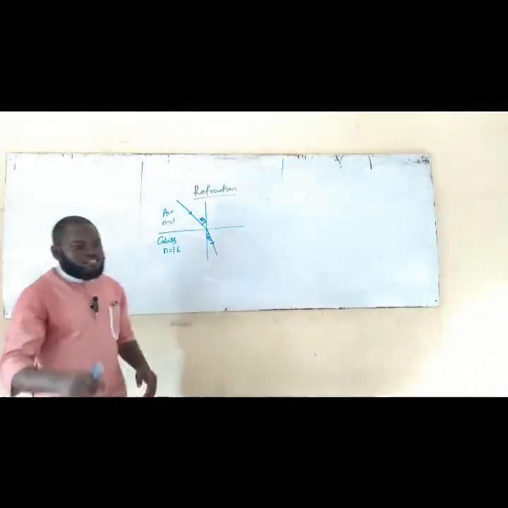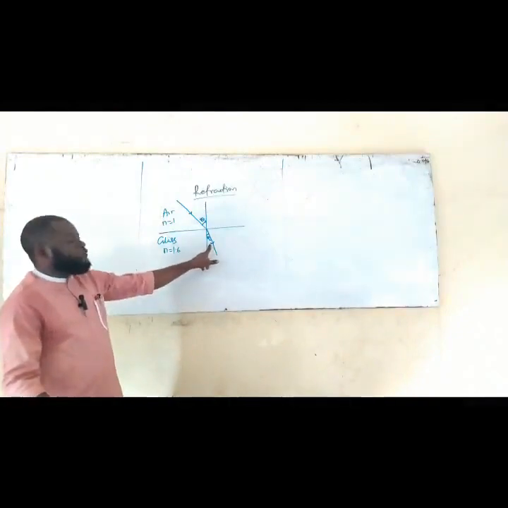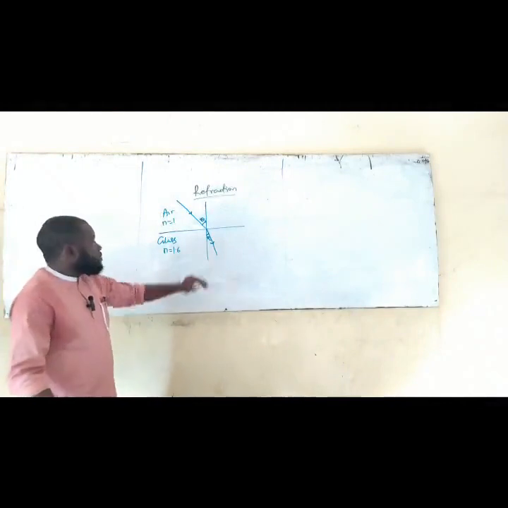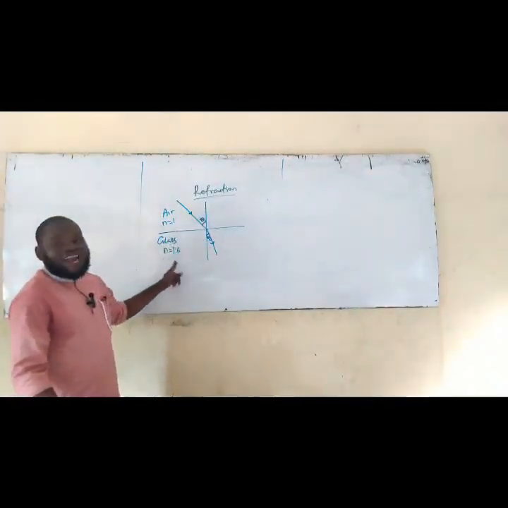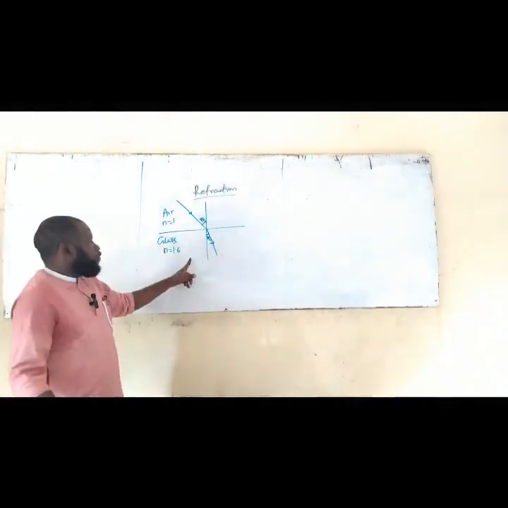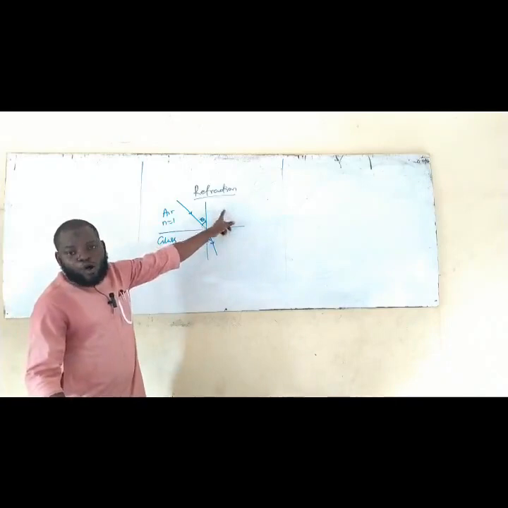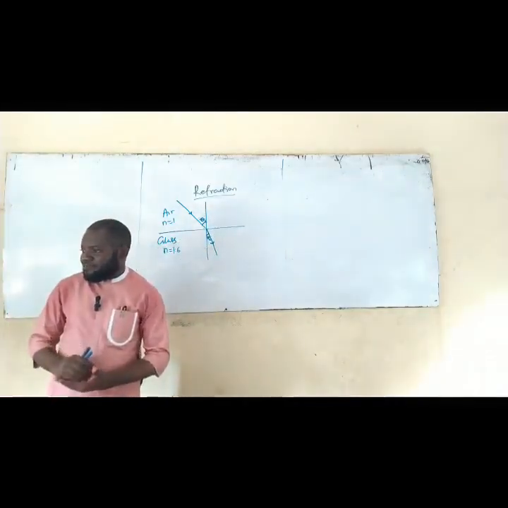If it is traveling from air to glass, that means the angle of refraction needs to reduce compared to the angle of incidence. But if it is traveling from glass to air, the angle of incidence needs to be smaller than the angle of refraction. I hope that aspect is clear.